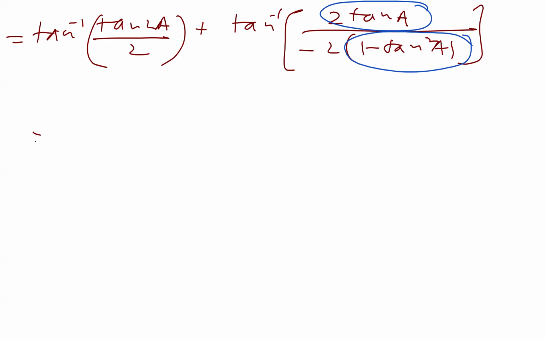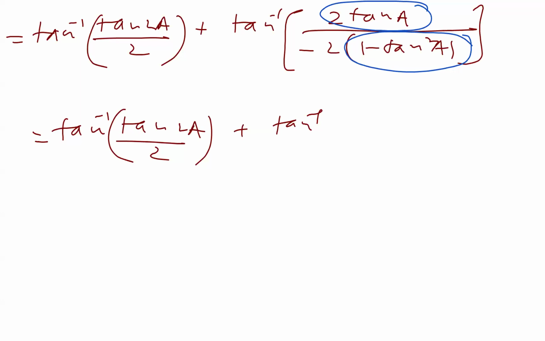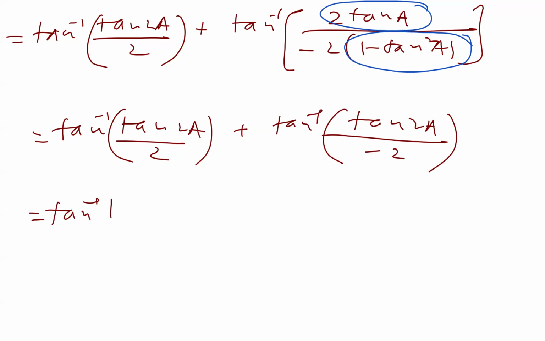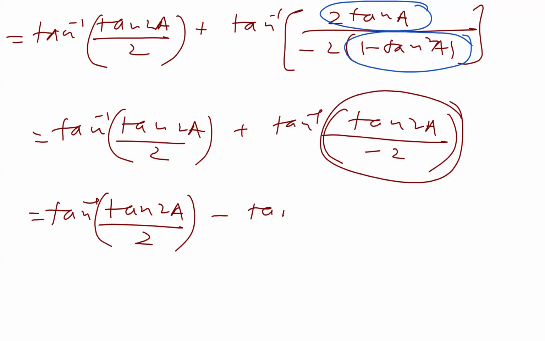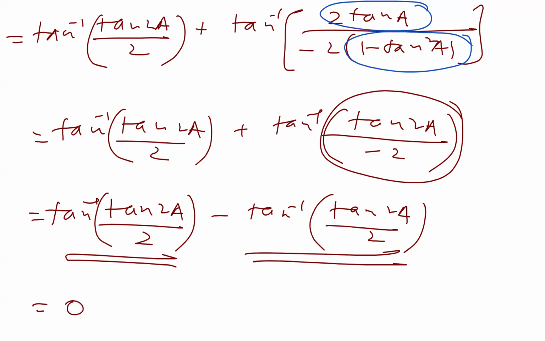It's the double angle formula for tan, so that is tan 2a upon 2. Tan inverse of tan 2a by 2. Now tan inverse of a negative value is negative tan inverse of tan 2a upon 2. Now if you observe, both the terms are the same, they will get cancelled out. It will be 0.